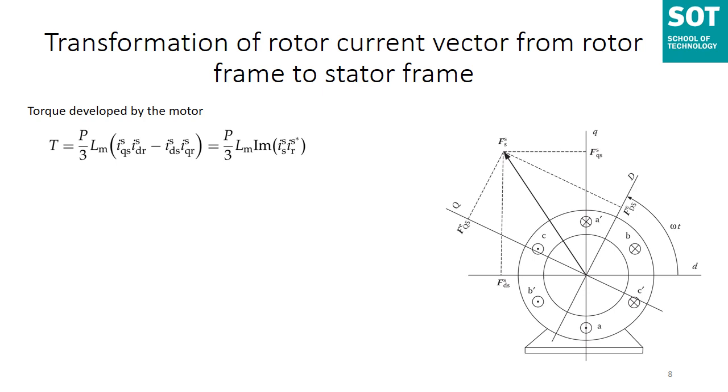Now if you want to take another reference frame where you want to represent it in DC components, we take into consideration that the new frame, capital D and capital Q, is rotating at an angular speed in the same direction as that of the MMF.